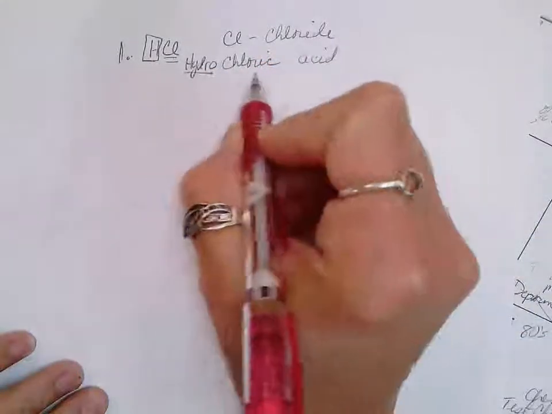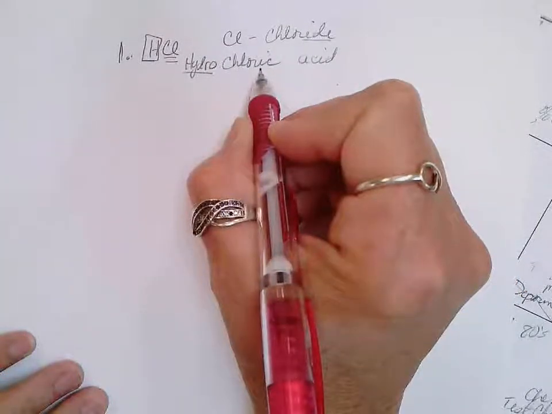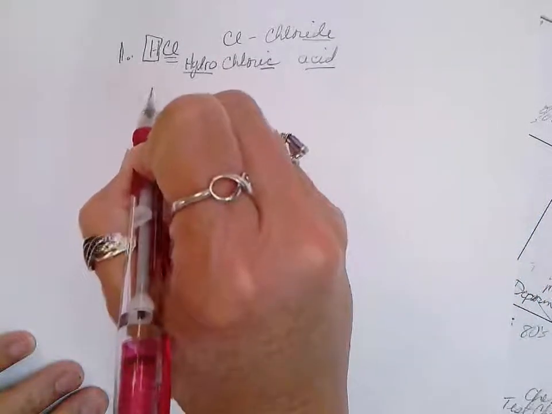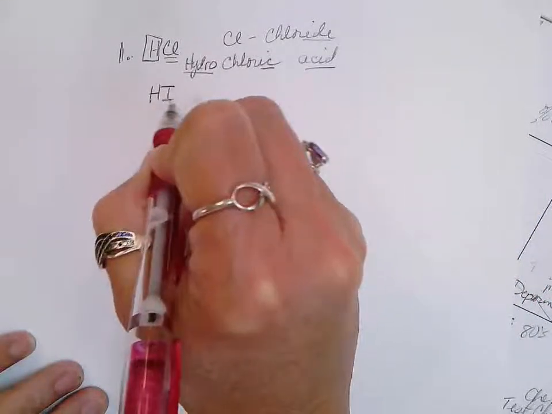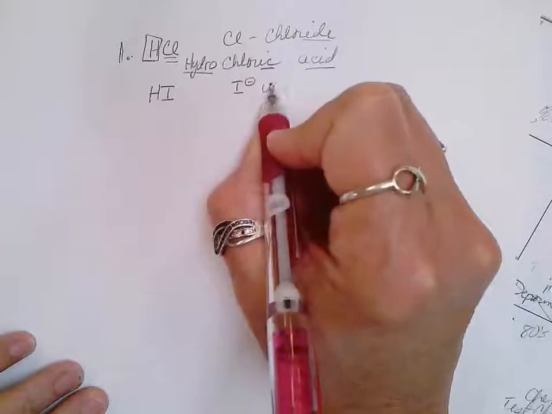So the prefix is hydro. We change the ending from IDE to IC, and then add the word acid. So something like HI: I minus is iodide.